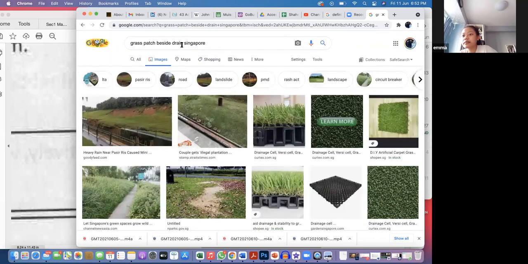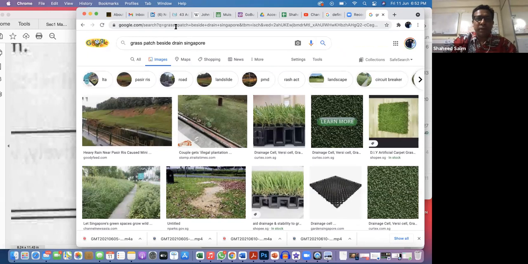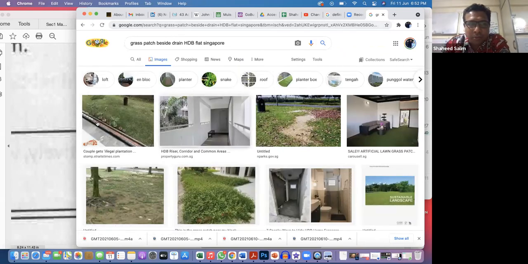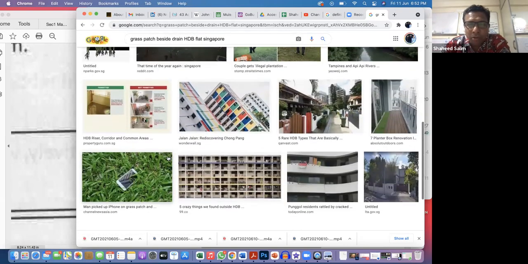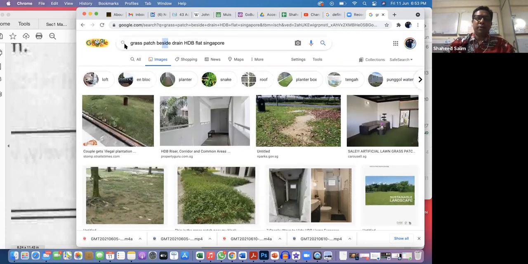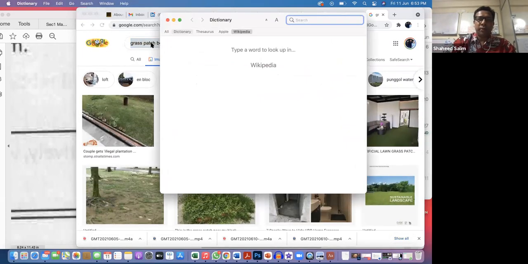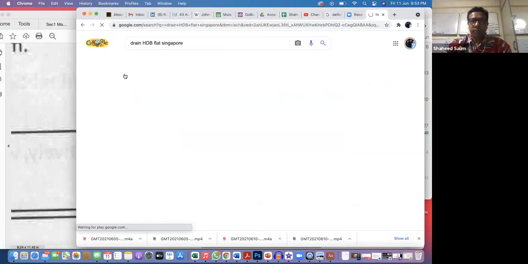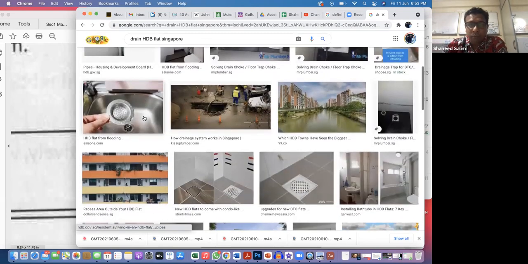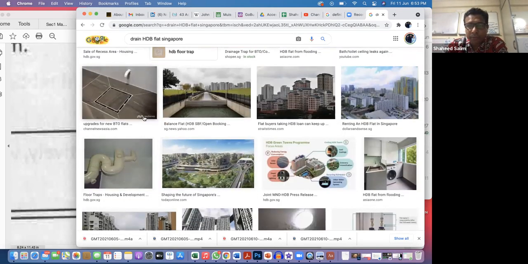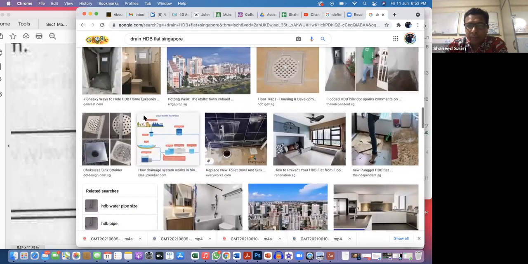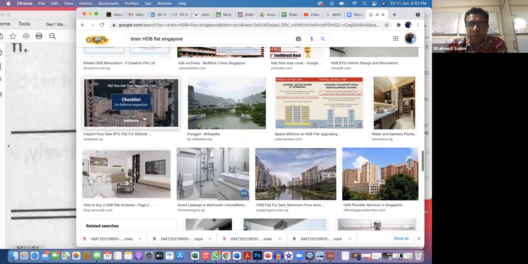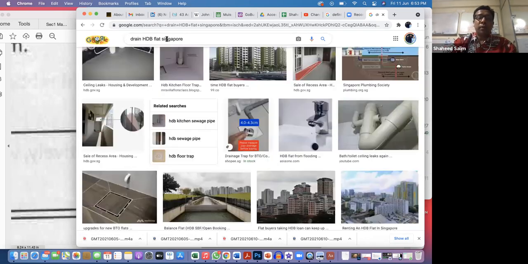There's a small drain at the bottom of the flat, the ground floor. Let's see if I can get a picture of it.